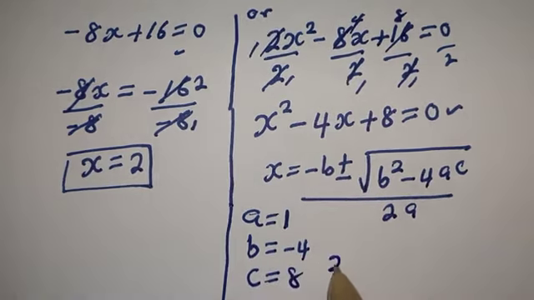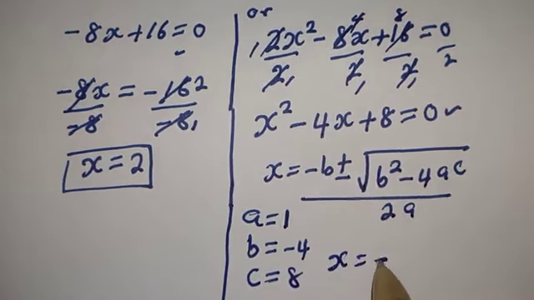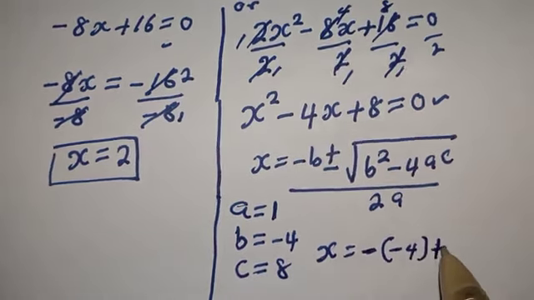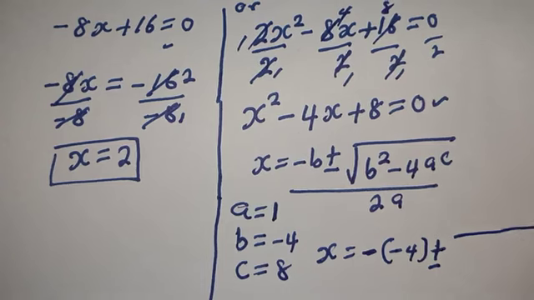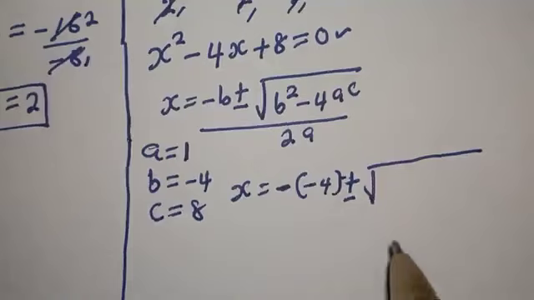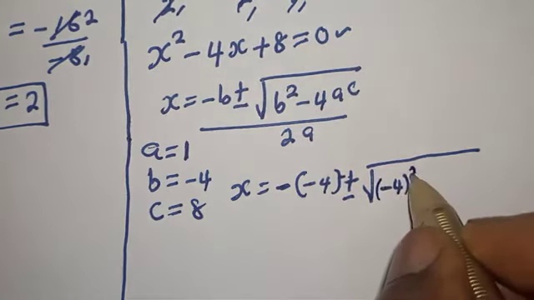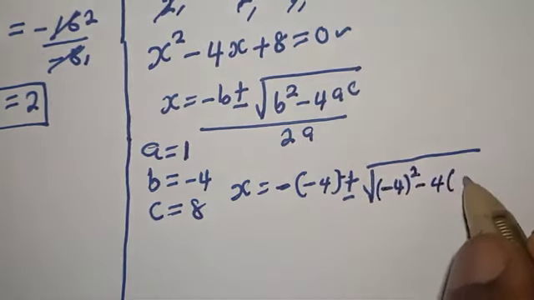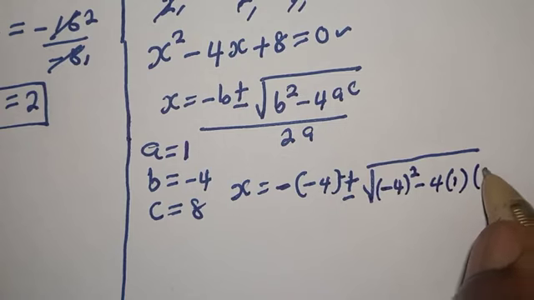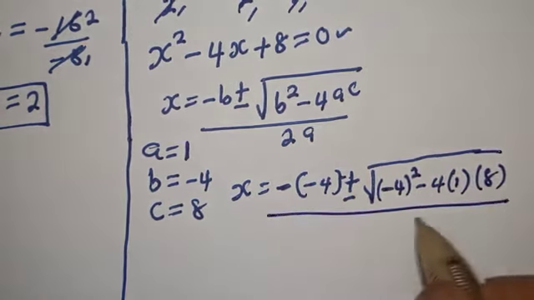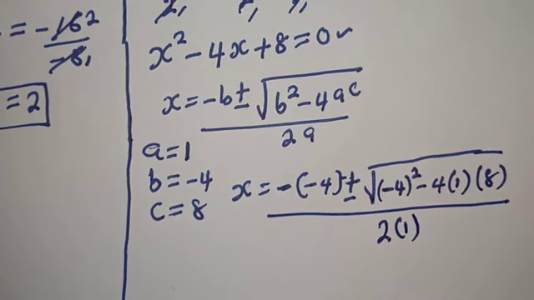Let's substitute. s is equal to minus (-4) plus or minus square root of (-4)^2 minus 4 multiplied by 1 multiplied by 8, over 2 multiplied by 1.